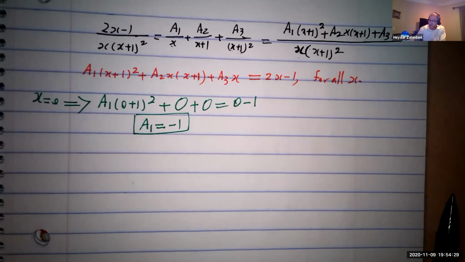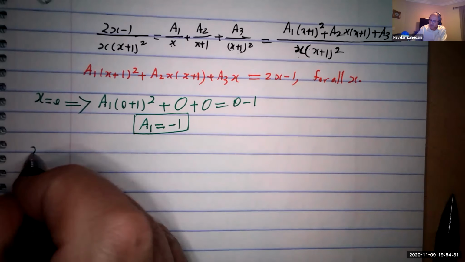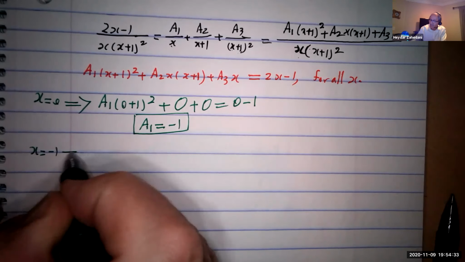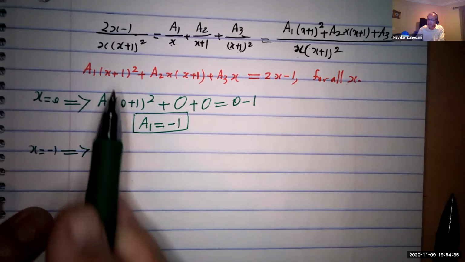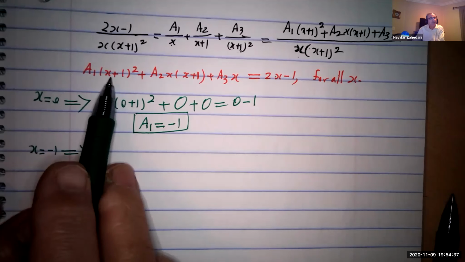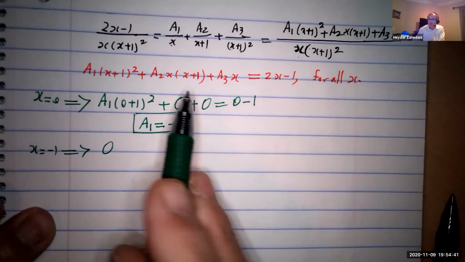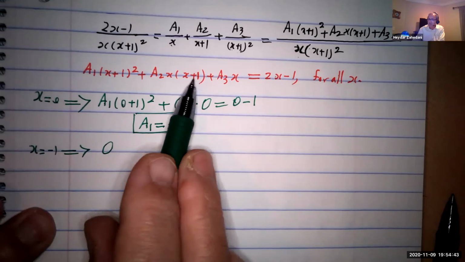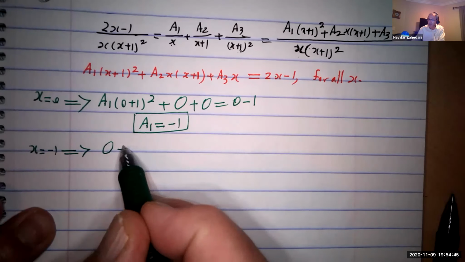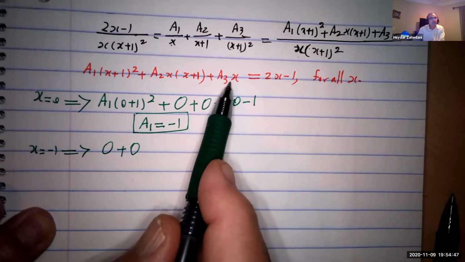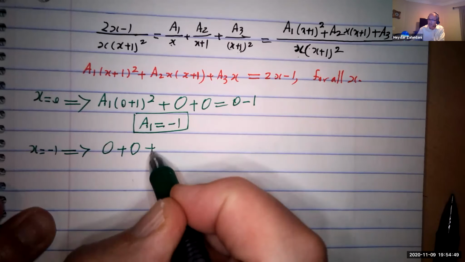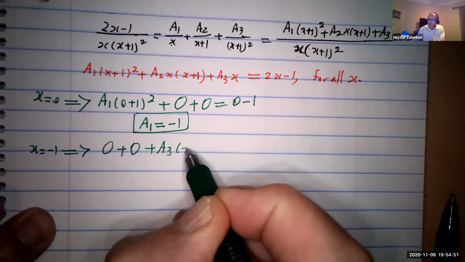Okay, now we get the other number. The other number is x equal to -1. If you put in -1, this would be 0, because -1 plus 1 would be 0. This would be 0 because of the negative 1. And here you will get plus a3 times negative 1.